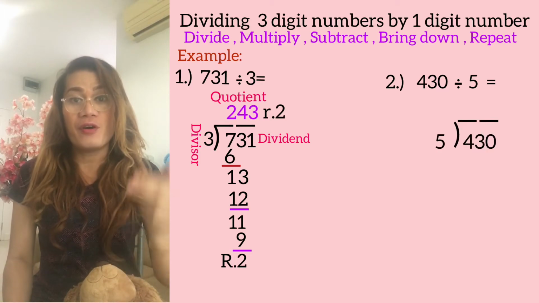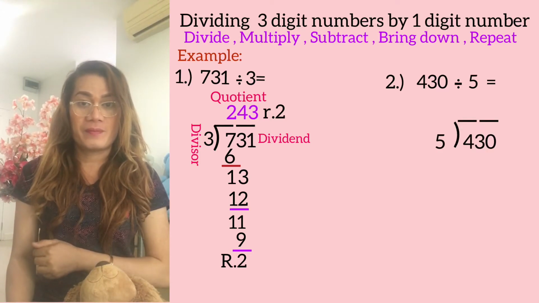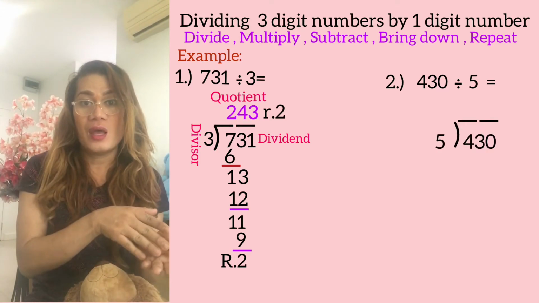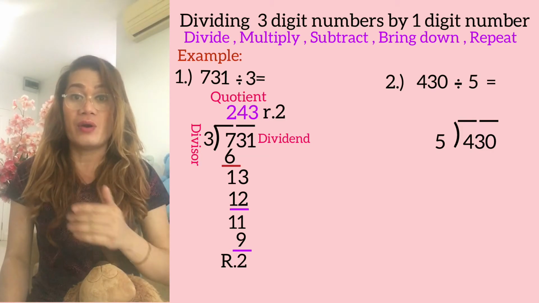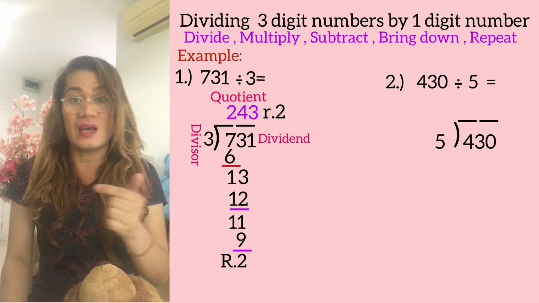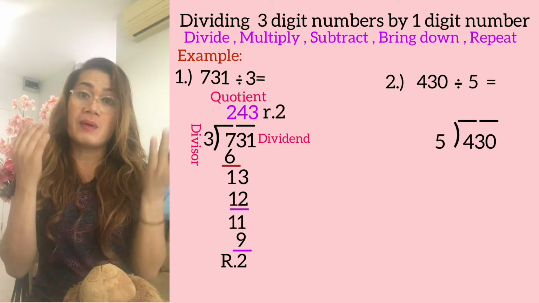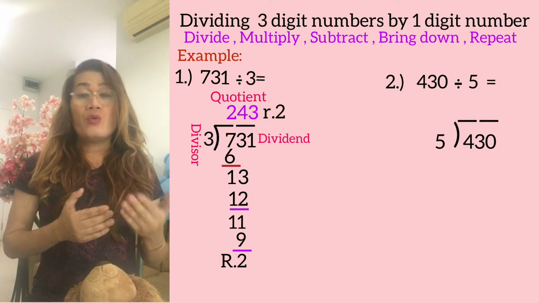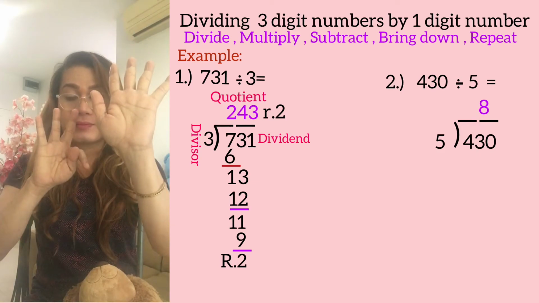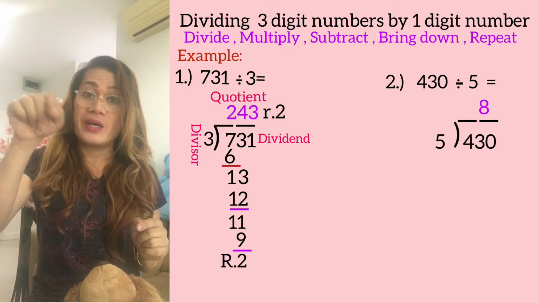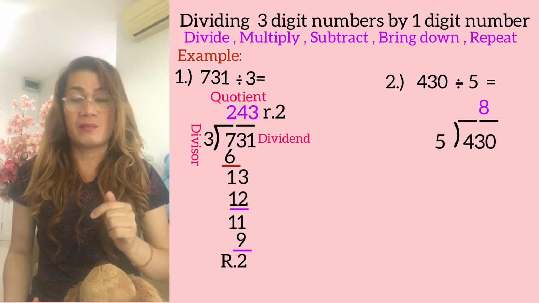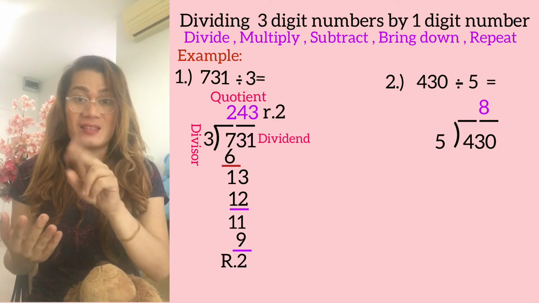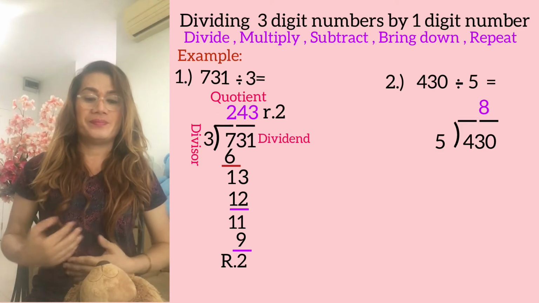We have 43, so we can divide now. How many whole groups of 5 can we pull out of 43? Think about it. We have 8. We put our number 8 on top of the 3 because we have 2 digits inside.